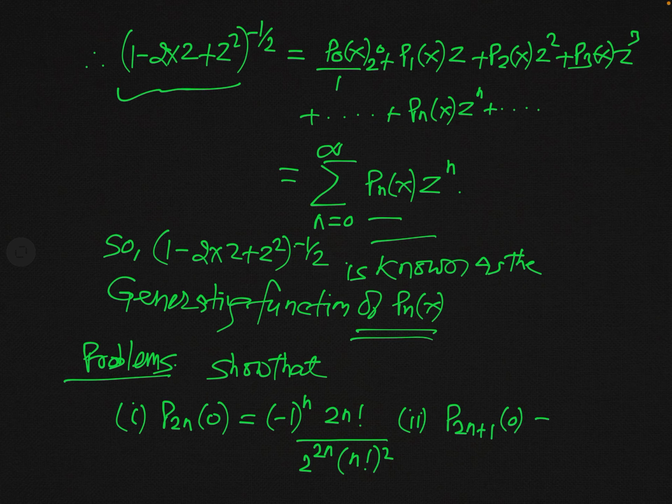And the other problem is P2n plus 1 of 0 equals 0. We will solve these problems by the use of generating function, and you will get the result very easily. So now let us see how these problems can be solved.